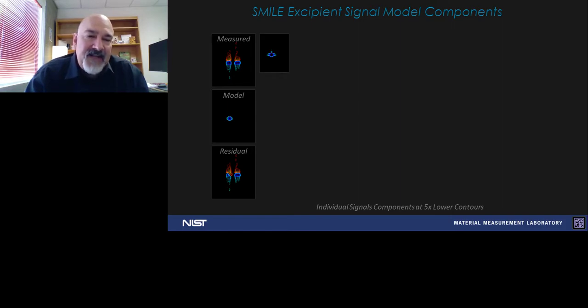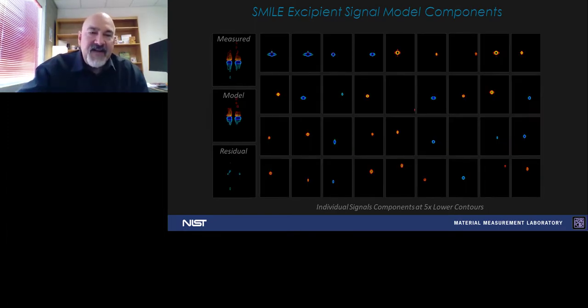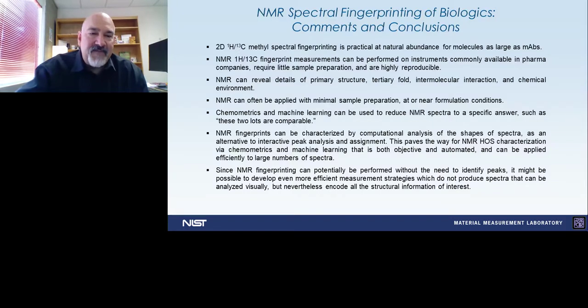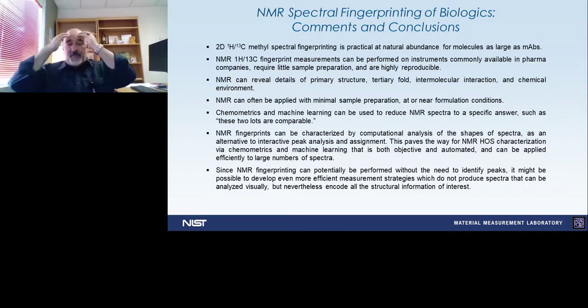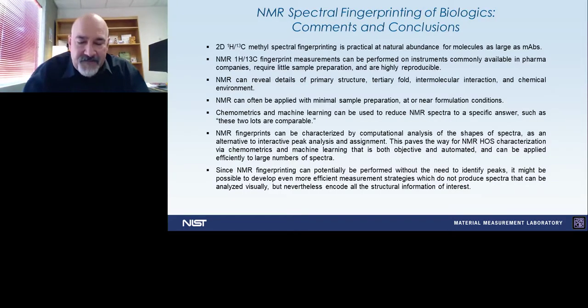And in the middle on the left, you can see the model as it gets larger and more complicated to better approximate the measured signal. And then at the bottom on the left, you can see the residuals so far. So we've decomposed our signals of interest into collections of smaller signals, and we can take them all and subtract them from the spectrum to generate excipient subtracted results.